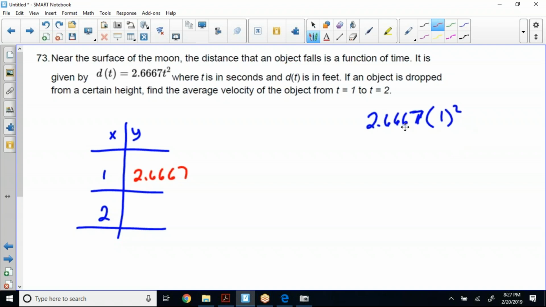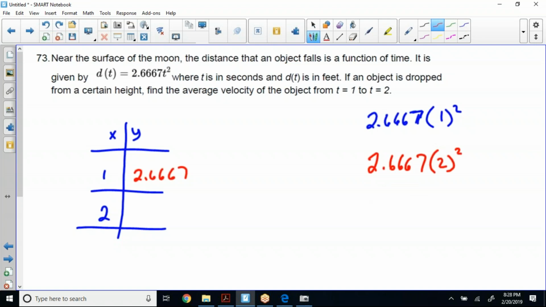Okay, now I'm going to do it again, but this time I'm going to put in 2 squared. So that's 2.6667 times 4. Let me get a calculator.